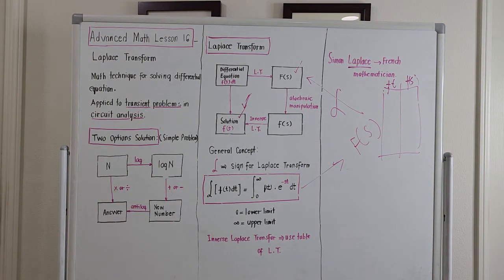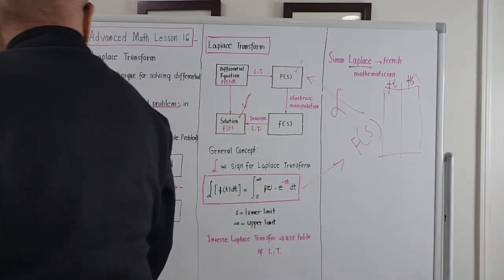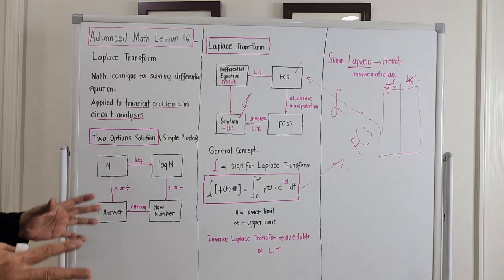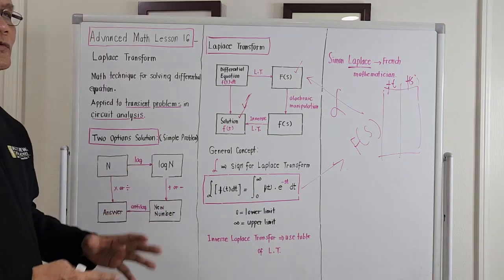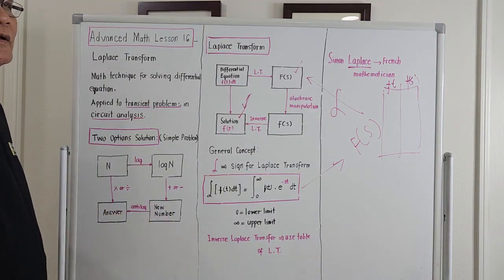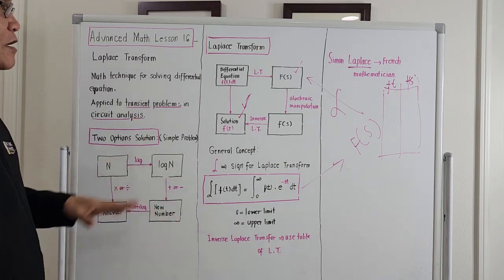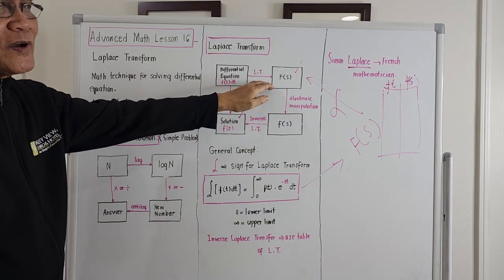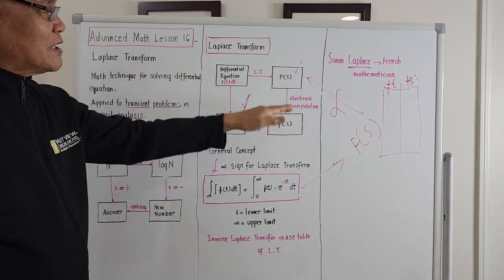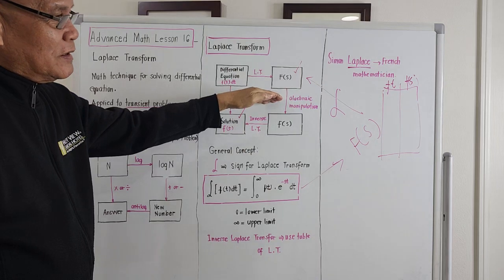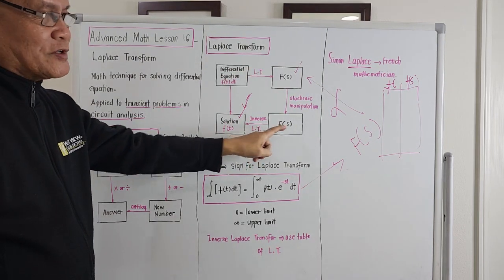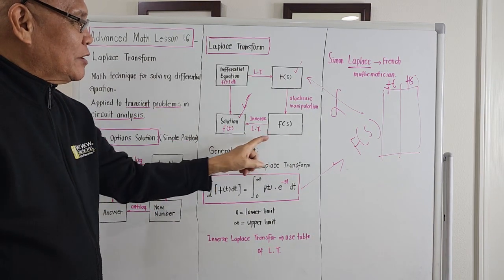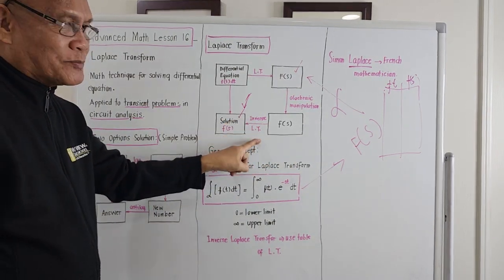Okay, that's it, guys. That's the concept of Laplace transform. Laplace transform is another solution of a differential equation. It is converting that function of t to capital letter F as a function of s. Then by using algebraic manipulation, what will come out will be small letter f as a function of s. And to bring out the final answer, you take the inverse Laplace transform.